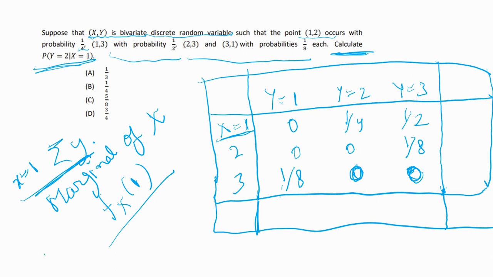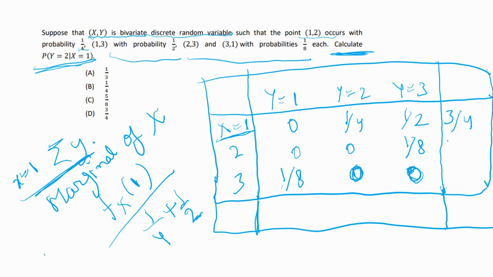So here will be the marginal of y. Here we will have the marginals of x. So now what it will be? It is 1 by 4 plus 1 by 2. So 1 by 4 plus 1 by 2. It will be 2 plus 1, 3 by 4.